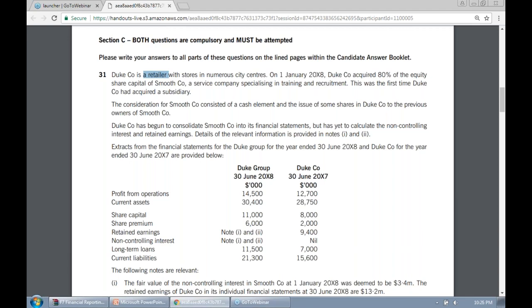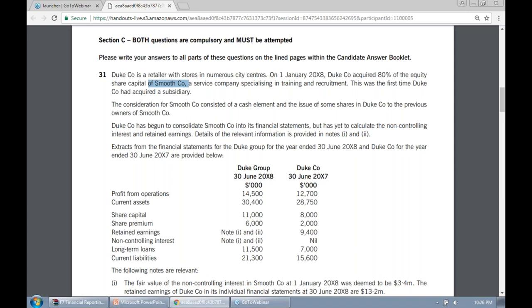With stores in numerous cities, on 1st January 2008, Duke acquired 80%. So this date is very important. In January 2008, Duke acquired 80% share capital of Smooth Company. As we all know, in consolidation we just add the results of parent and subsidiary in the consolidated financial statements.